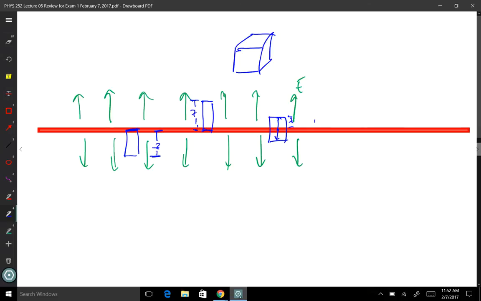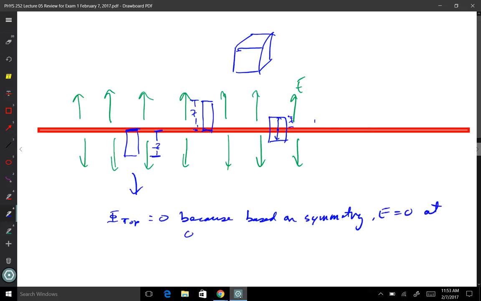But then I go through, and for this one here, the flux for the top, the top being the highest part, equals 0 because, based on symmetry, E equals 0 at the center of the slab.